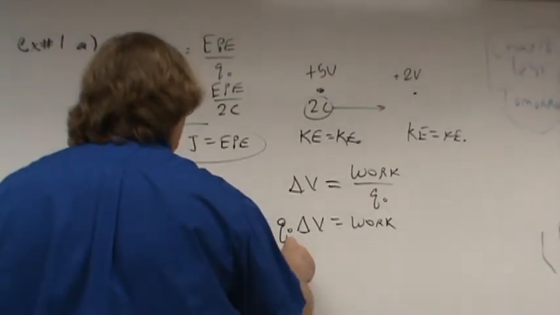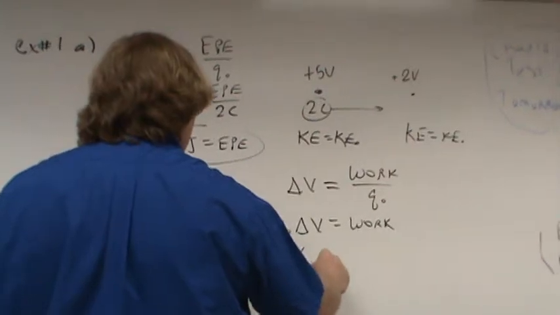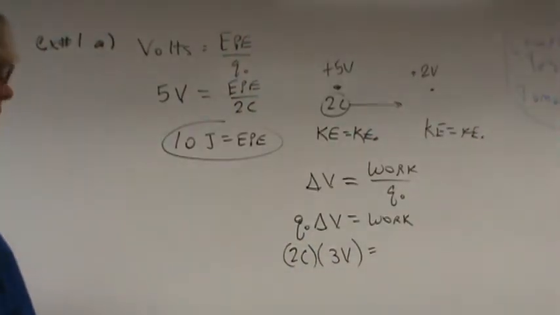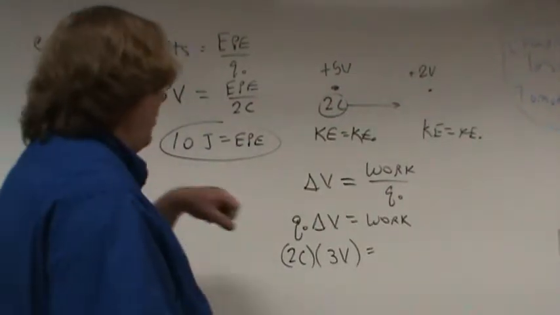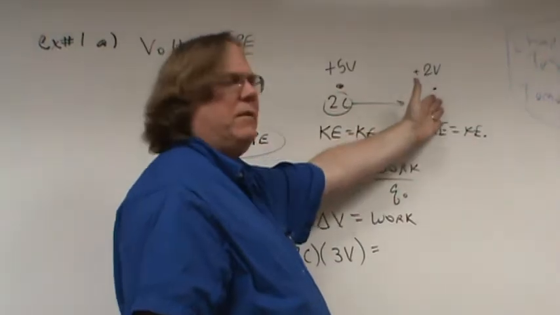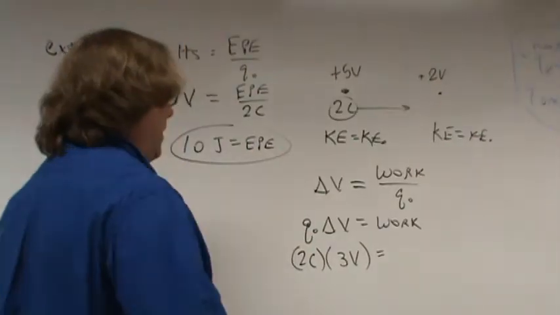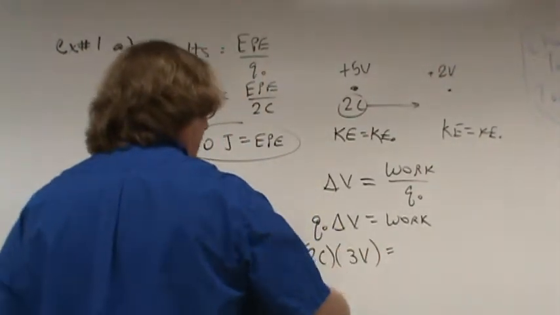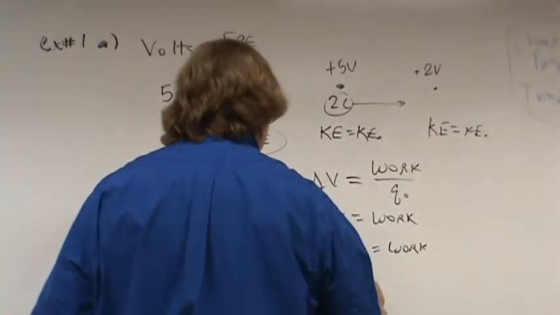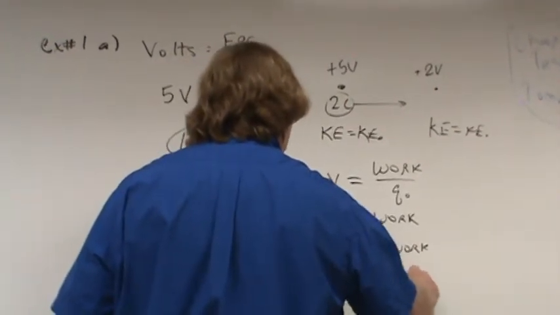So this is a 2 coulomb charge, and the change in voltage is positive 3 volts. That is, it started with 10 joules of electrical potential energy and ended with 4 joules of electrical potential energy. So the change in voltage was 3 volts. But anyway, that's your work, and so you end up with 6 joules.